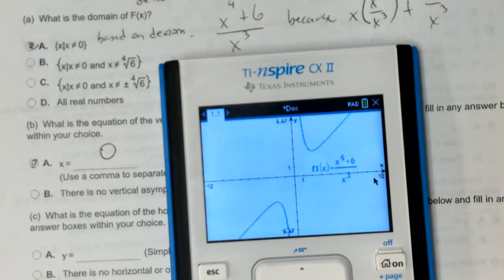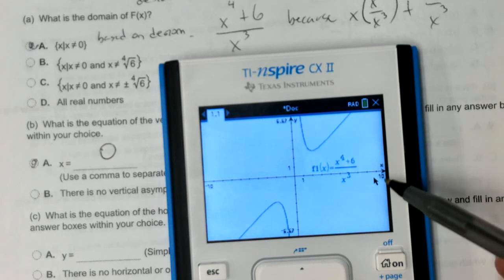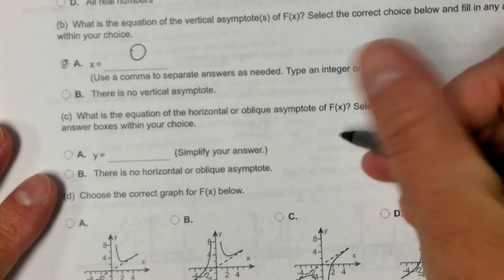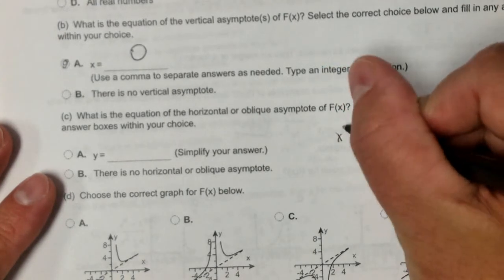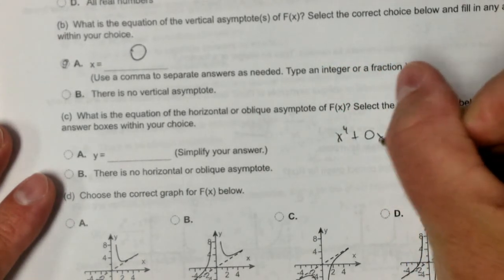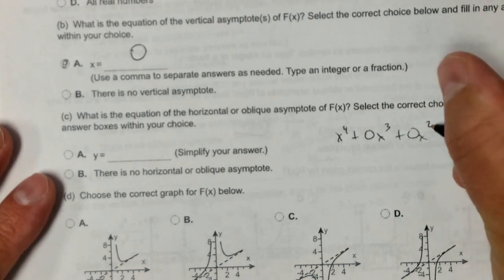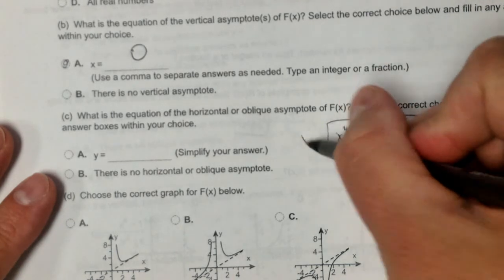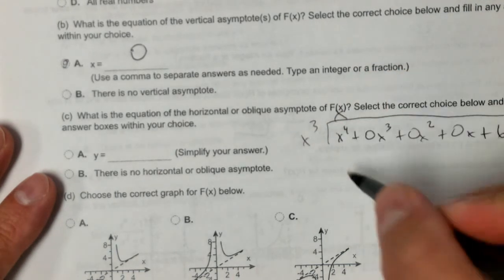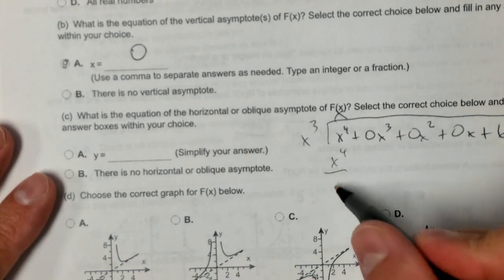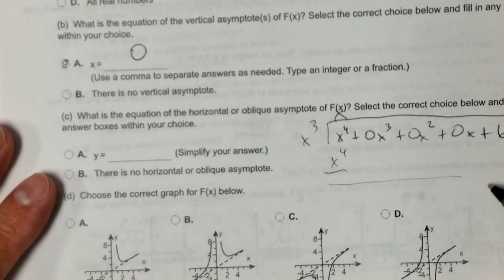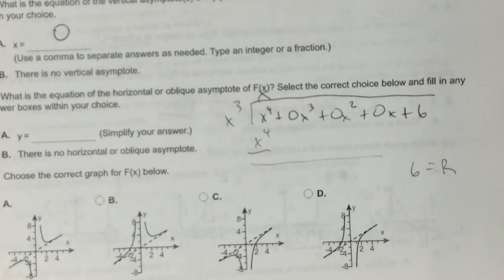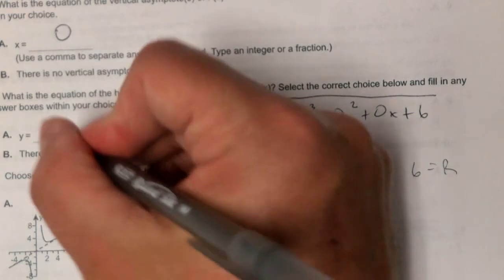So to get that, we do our division. So we have x to the 4th plus 0x cubed plus 0x squared plus 0x plus 6 divided by x cubed. And so we just get x, then all these are 0, and then you end up with a remainder of 6. So this is just going to be y equals x.